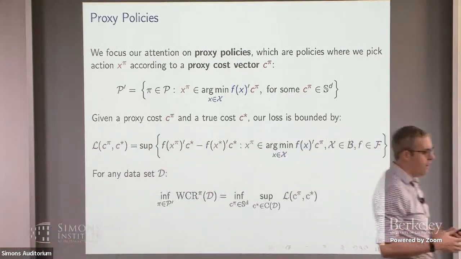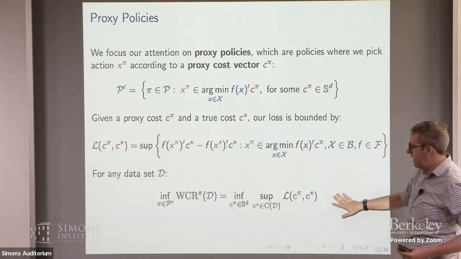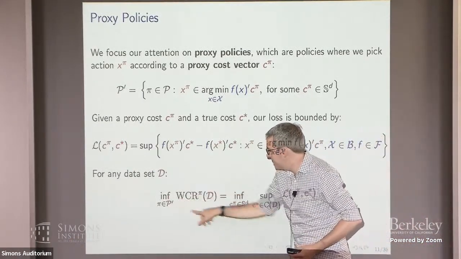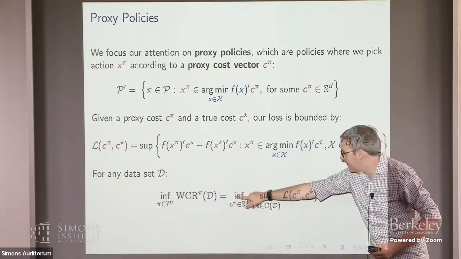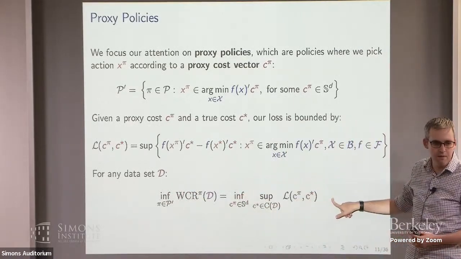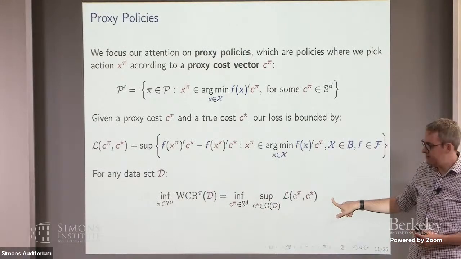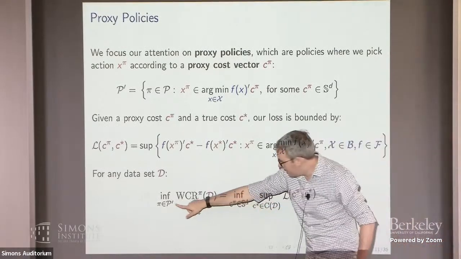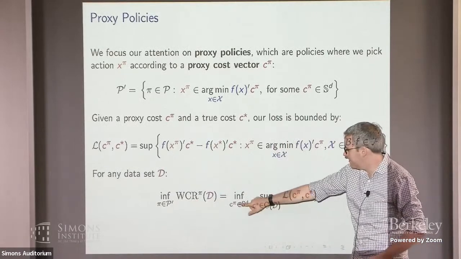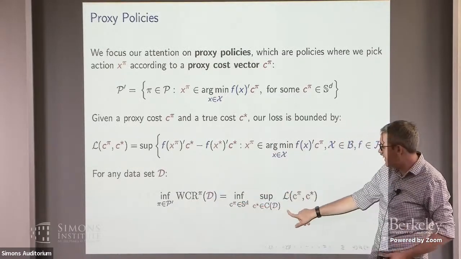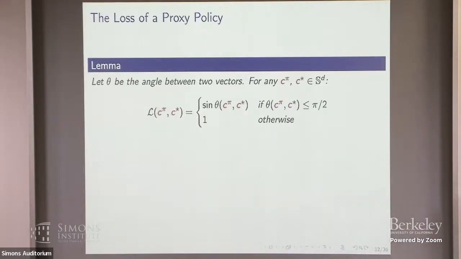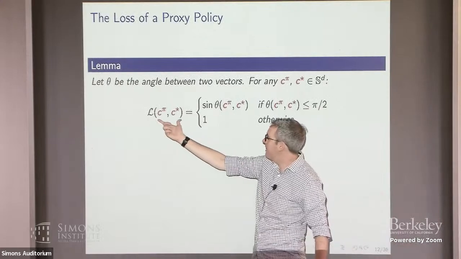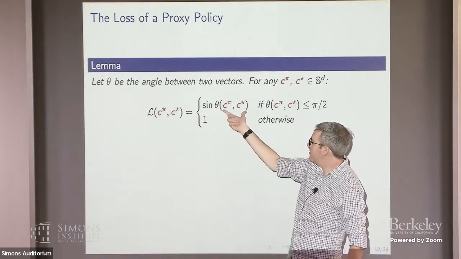And it's not too hard to argue that if I think about the worst case policy, I can transform this into a minimax problem over proxy costs. There's a restriction here that I'm restricting myself to proxy policies, but then I can turn this into a minimax policy on these vectors. And this is going to be nice because I can bound this loss based on the geometry of the problem.